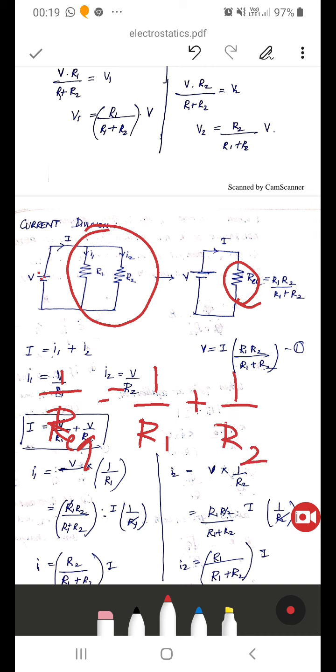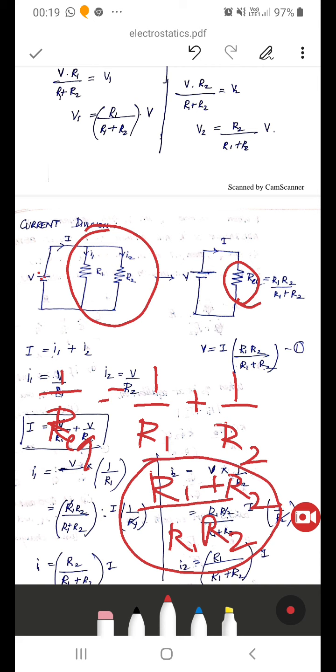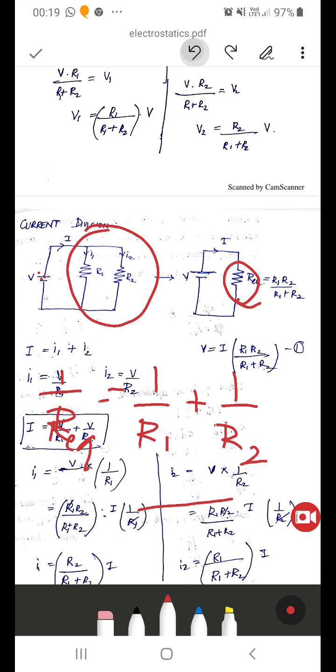Taking LCM, you get R1 R2 in the denominator and R1 plus R2 in the numerator. Now reciprocating this term, you end up getting Req.